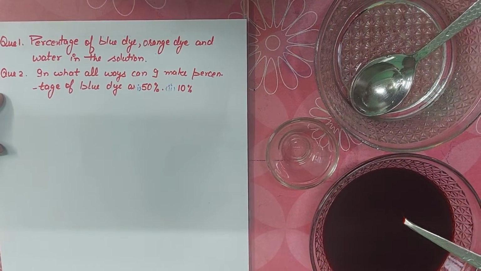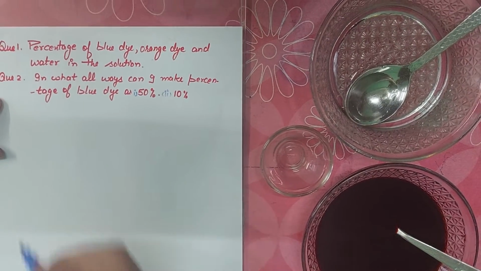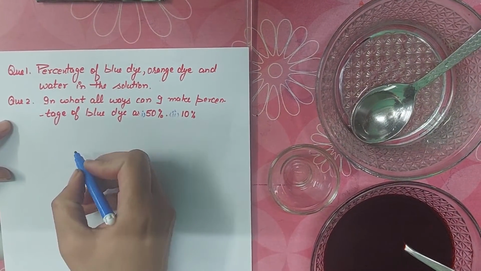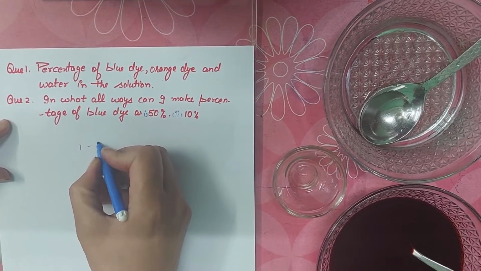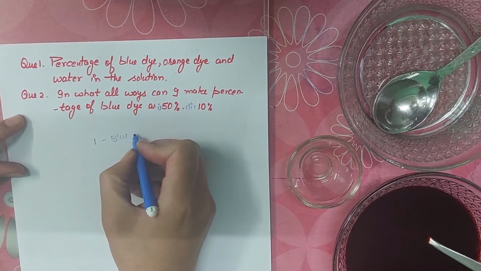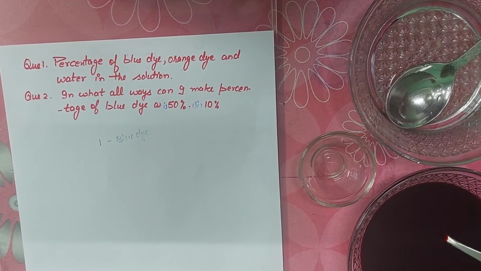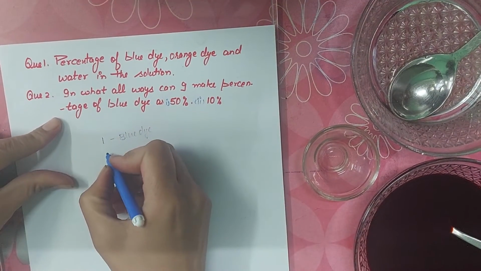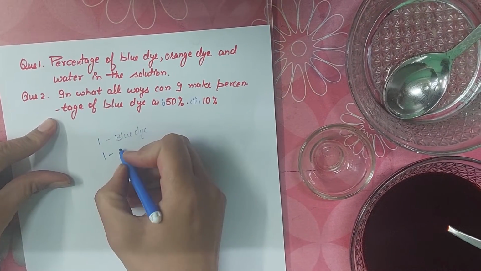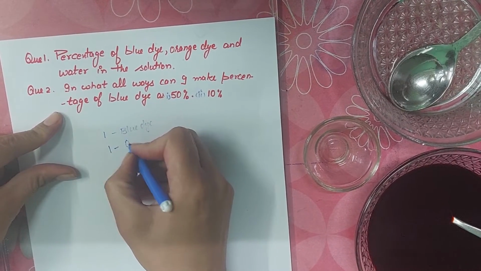In this video, I also want to introduce a new concept of ratio. Here, if you see, firstly, I added 1 scoop of blue dye. Okay, and then I added 1 more scoop of orange dye.